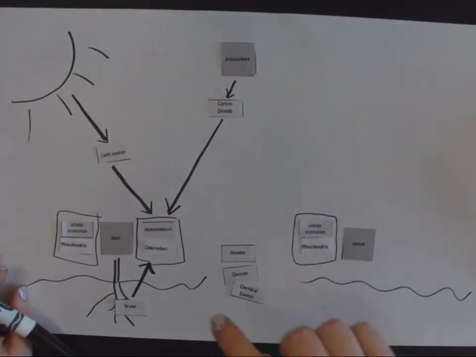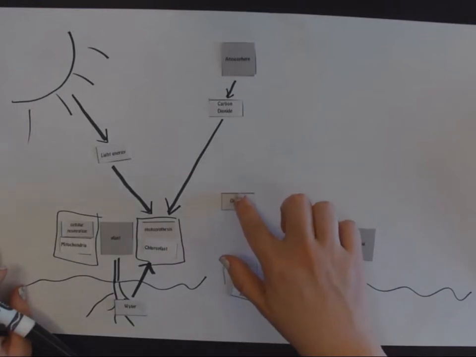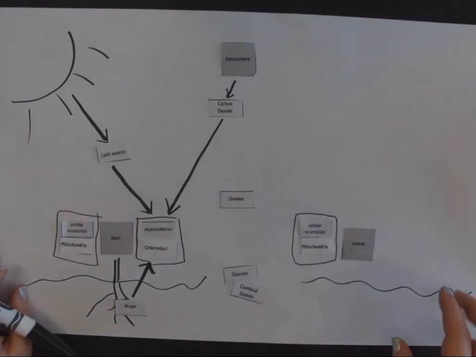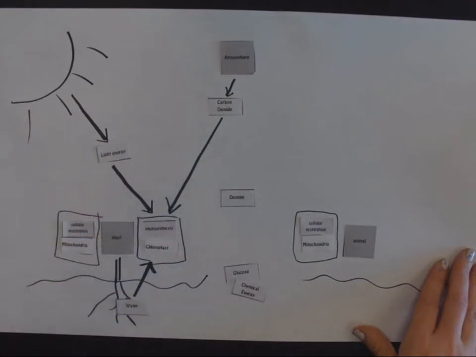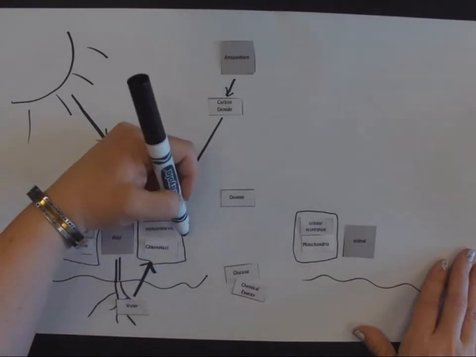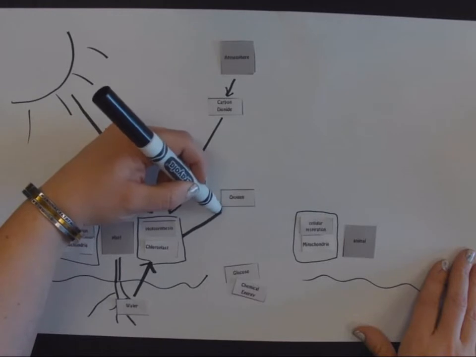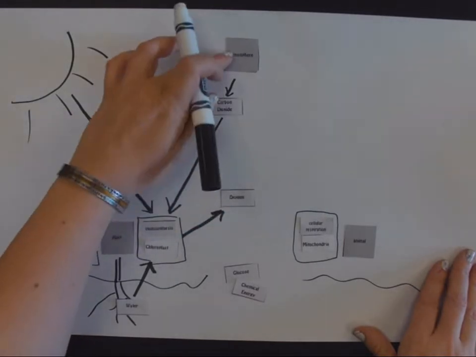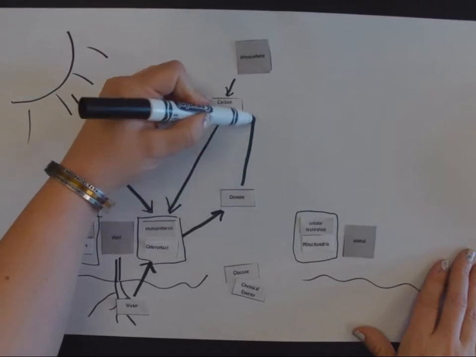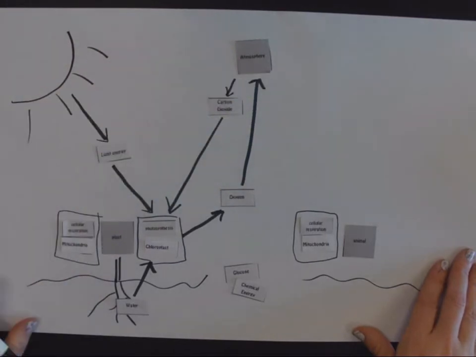I know that photosynthesis makes oxygen, and that the oxygen goes back to the atmosphere. Outputs are going to, again, we're pointing to where it goes, and the photosynthesis is outputting, so we draw an arrow out to the oxygen, and the oxygen goes back to the atmosphere.